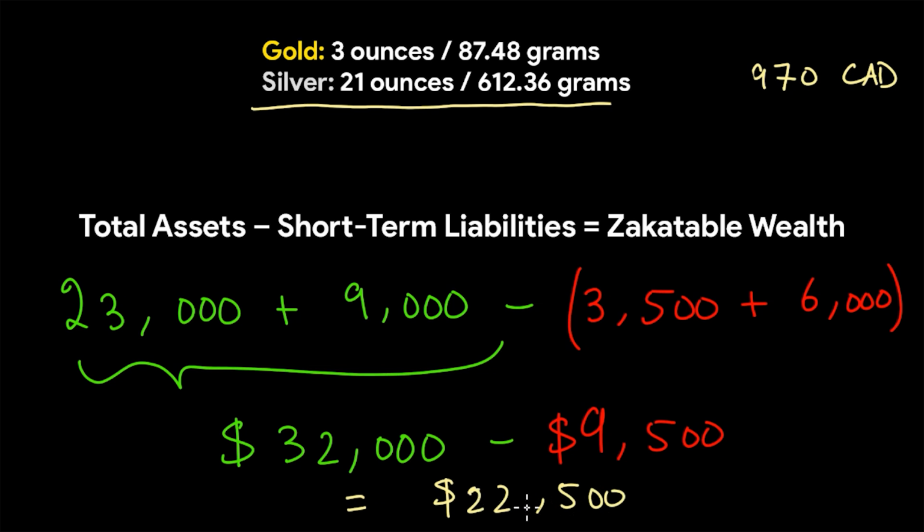And again, this value exceeds Nisab. In this case, even if we take the Nisab value of gold, it would exceed it as well. And so this person must pay Zakat. So let's calculate how much Zakat he must pay.